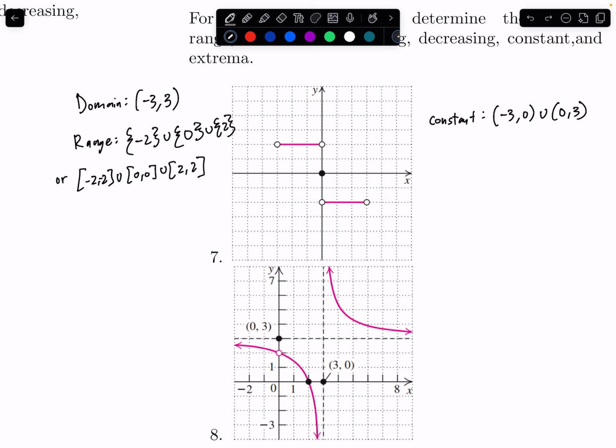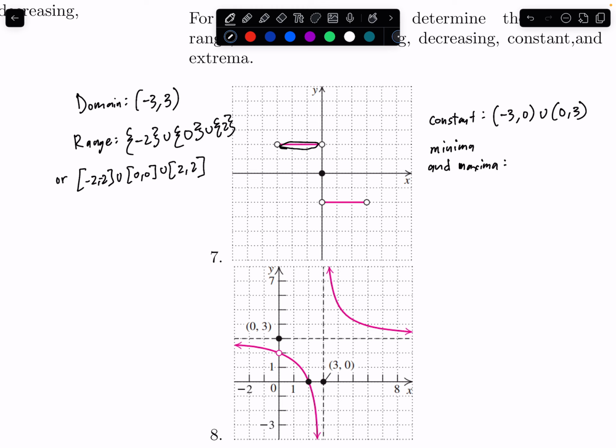Okay, now for minimum and maximum. Okay, this is an interesting question. So these points are all maxima, right? But if I look at them, they're also minima because they're at least as small as the things to the left and to the right of them, right? So I'm going to say minima and maxima.